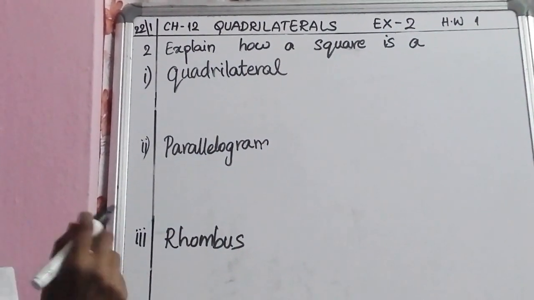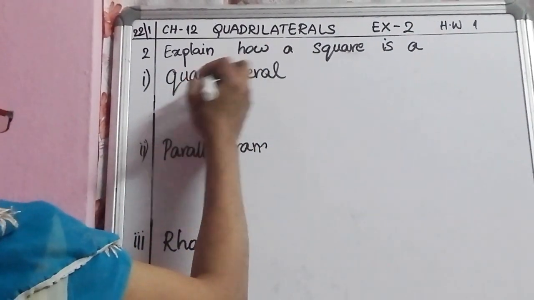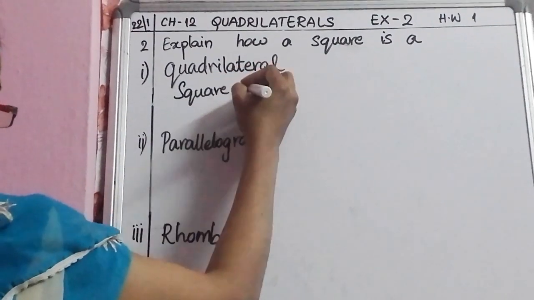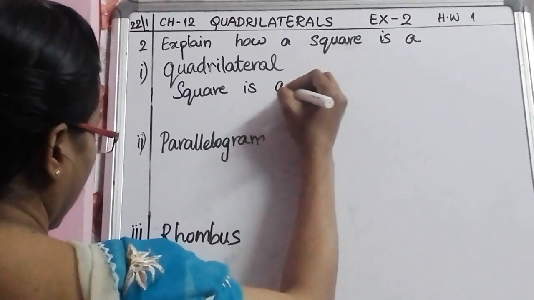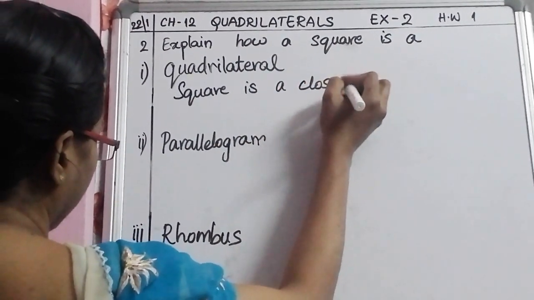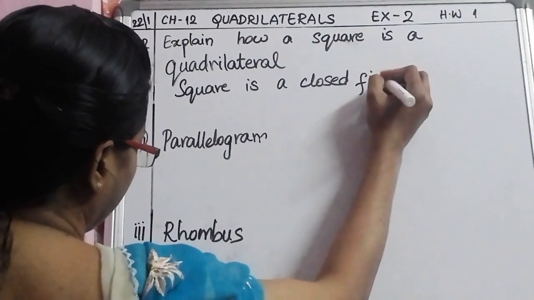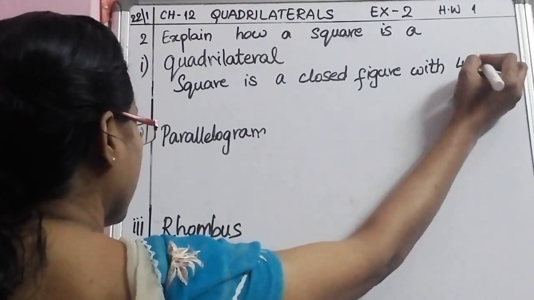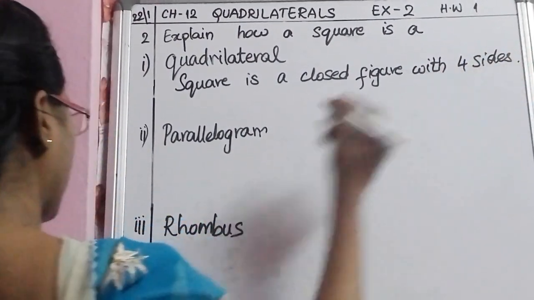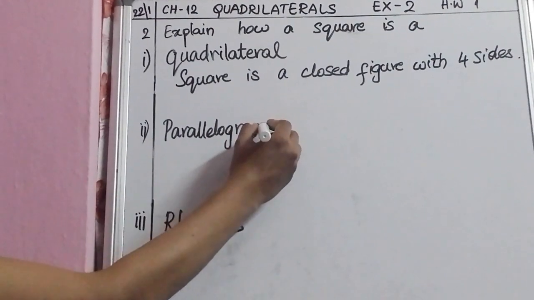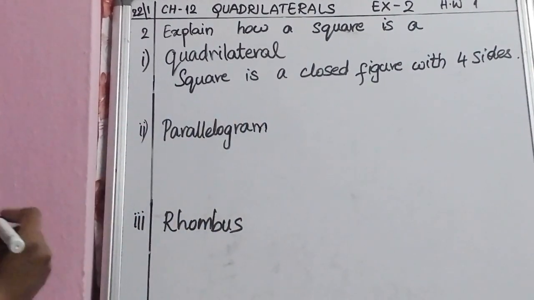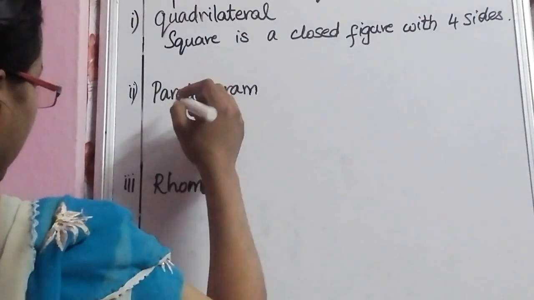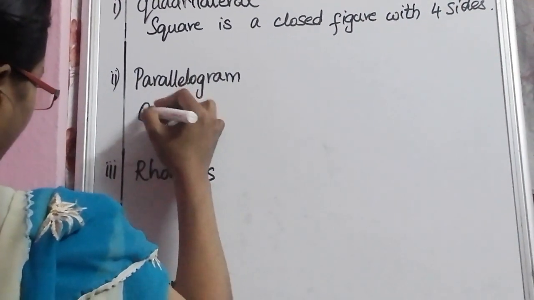So here you can see that the square is a closed figure with 4 sides. So it is a quadrilateral. Now let us write why it is a parallelogram. Why is it a parallelogram? Because opposite sides are parallel.